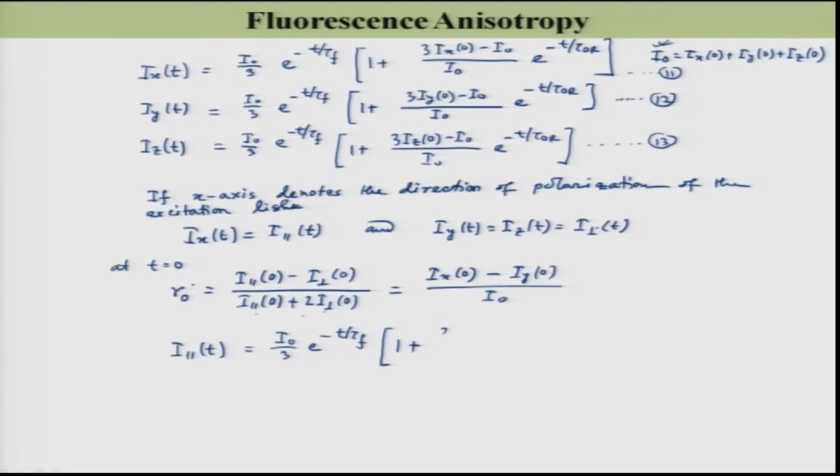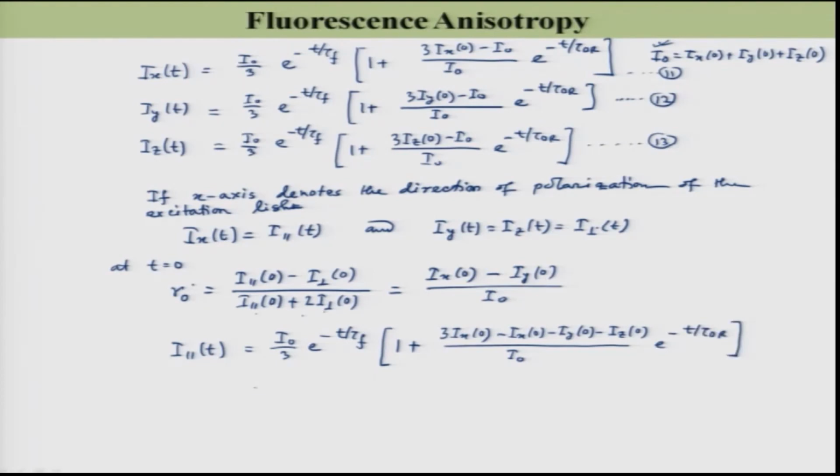So, now I will write here 3 Ix0, I0 I will replace with Ix0 plus Iy0 plus Iz0. So, minus Ix0 minus Iy0 minus Iz0 divided by I0, let me write this as I0 itself, e to the power minus t by tau r.